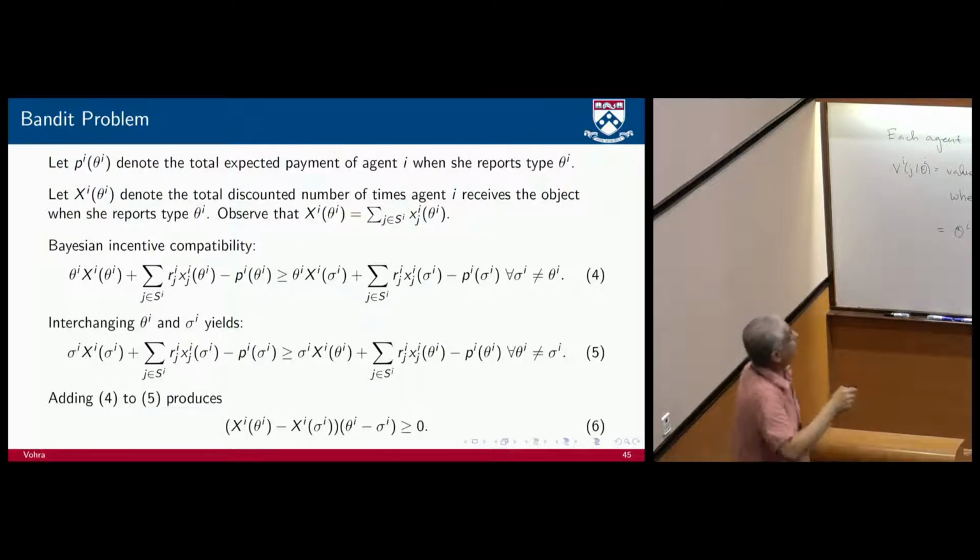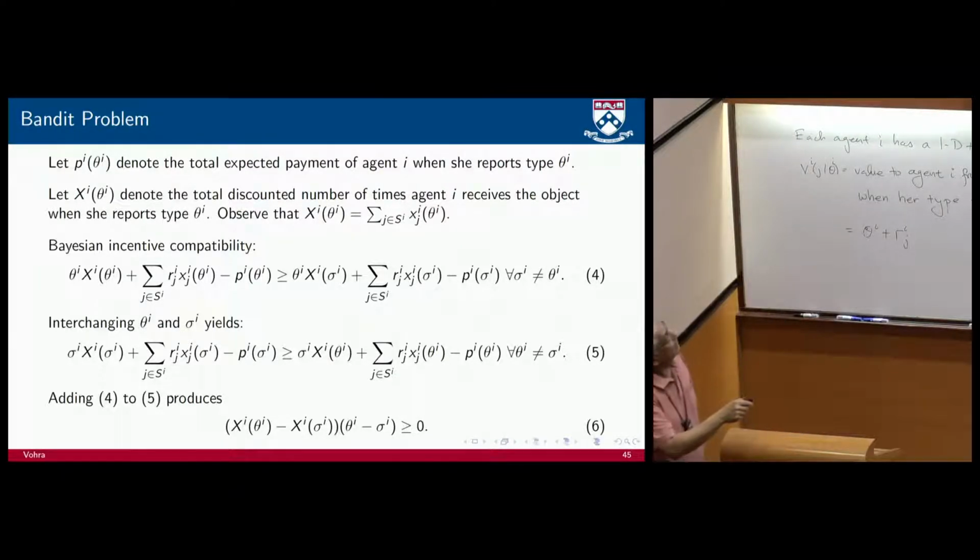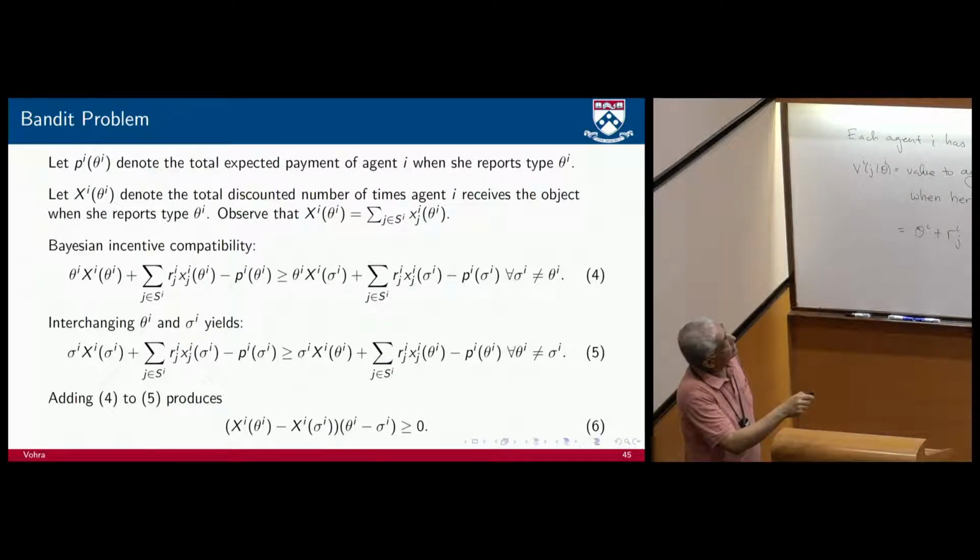Now you can only misreport the theta portion. Okay? So that's the expected discounted number of times you win the auction, given that you say your private information is sigma I instead. This represents the expected number of times your project is selected when you're in various states, given that you said your private information is sigma I, less the payment you must make.